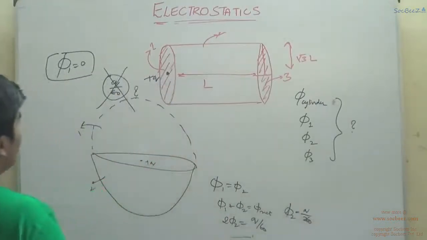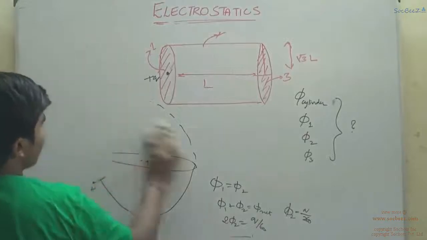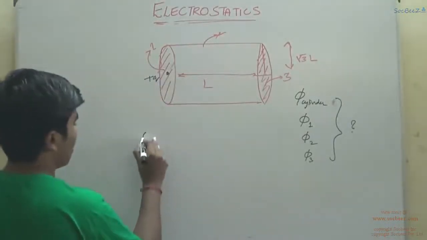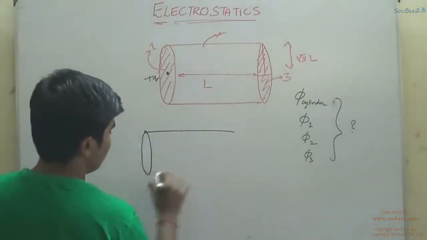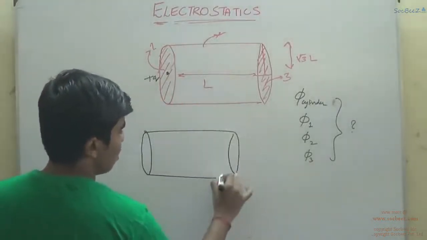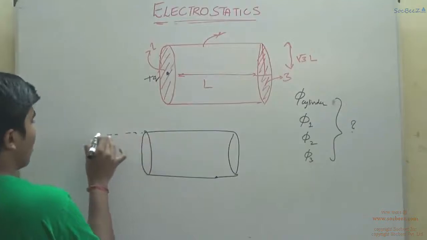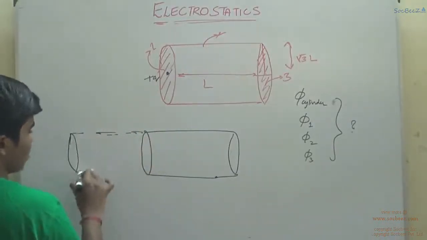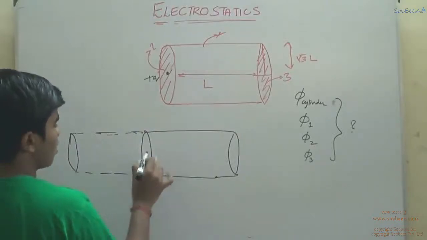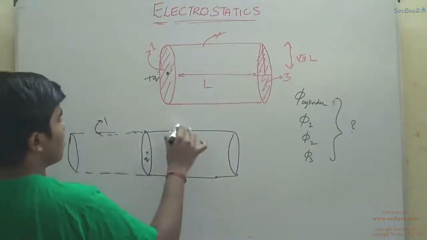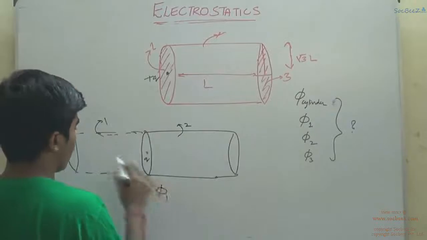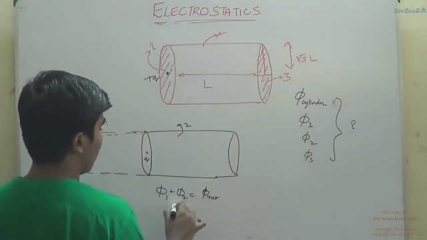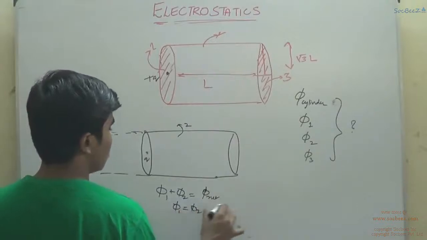In similar fashion, if we start here, we say that this is the cylinder. Now this is plus q charge. Let this be 1, this be 2. Flux through the first cylinder plus flux through the second cylinder is equal to flux net, and flux 1 is equal to flux 2.